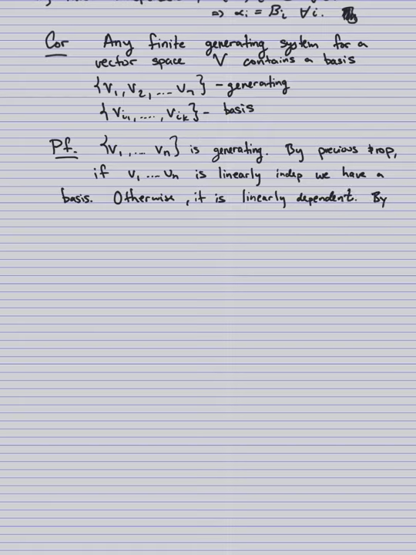By the other proposition, this implies that there exists some v sub k in our collection so that v sub k, this kth vector, is some linear combination of the others, right?